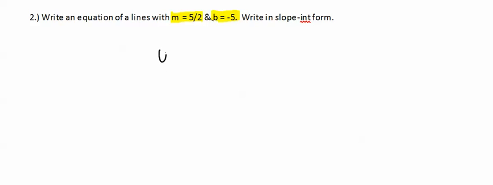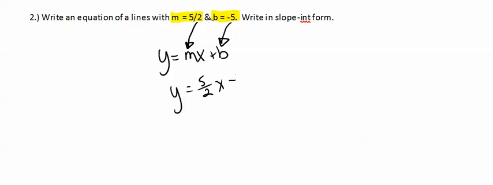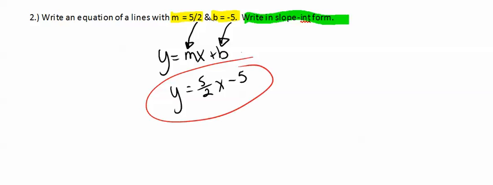And easy enough, that is our slope-intercept form, y equals mx plus b. So we plug in the slope for the m, we put in the -5 for the b, and we have our equation. We just need to make sure it's the right form. Write it in slope-intercept form, which it is, so we're finished with number 2.